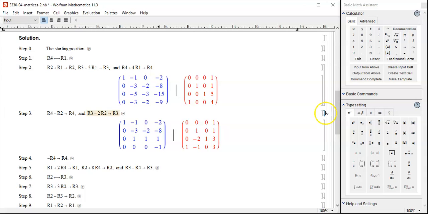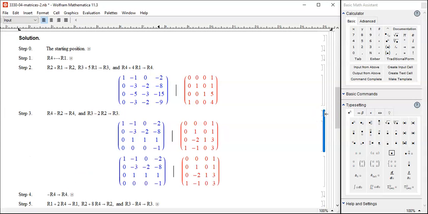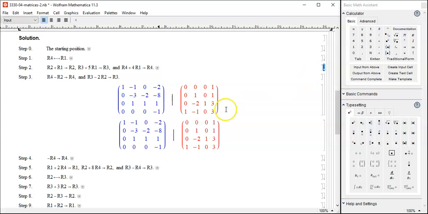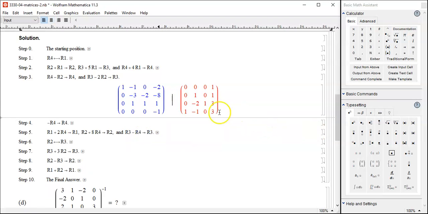Shall I check? Looks good. So far, no mistake. Okay. So that's where we are for now. So I don't need this any longer. Okay. Now I got this one here.